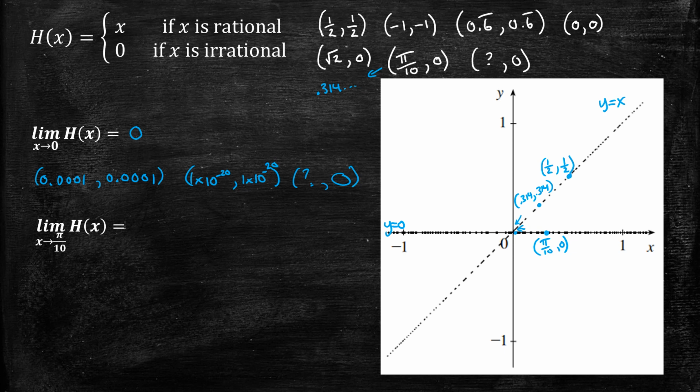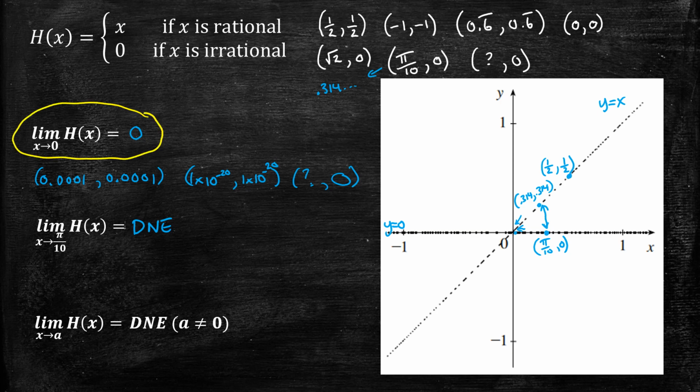So as x gets closer and closer to pi over 10, my y values will be oscillating between 0 and something very close to pi over 10. And because there's no fixed y value that I'm tending towards, we say in this case, the limit does not exist. In fact, the limit does not exist for this function for any value of x save as x approaches 0. So this is the only limit that exists.